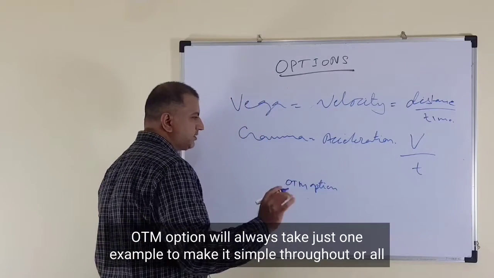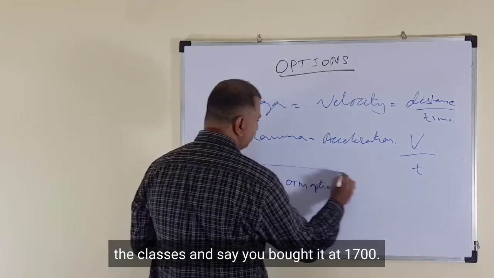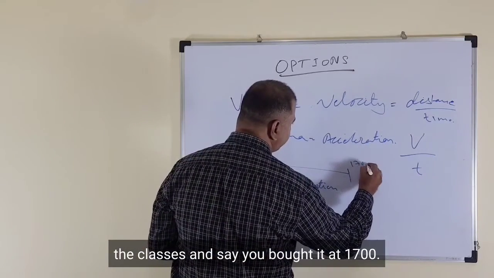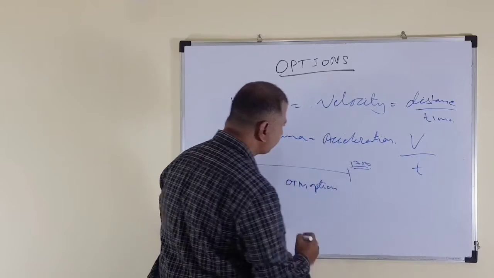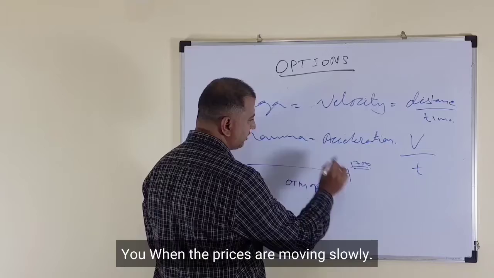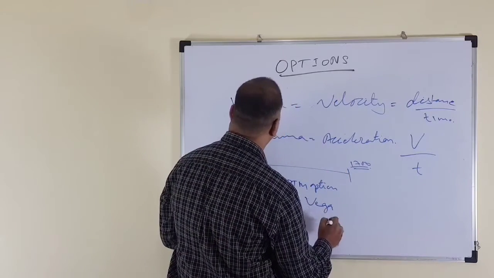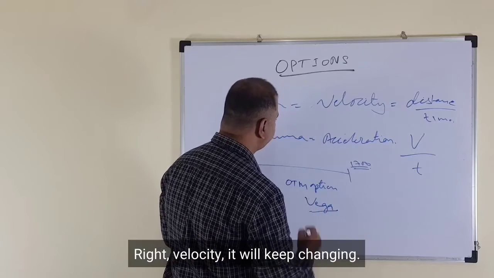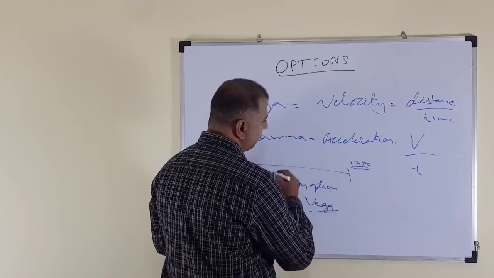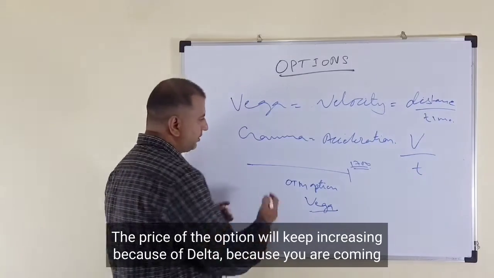So what happens when the stock prices move, say for example you bought an OTM option? We'll always take just one example to make it simple throughout all the classes, and say you bought it at 1700. When the prices are moving slowly, you will experience vega, velocity. It will keep changing. The price of the option will keep increasing because of delta, because you are coming close to the strike.